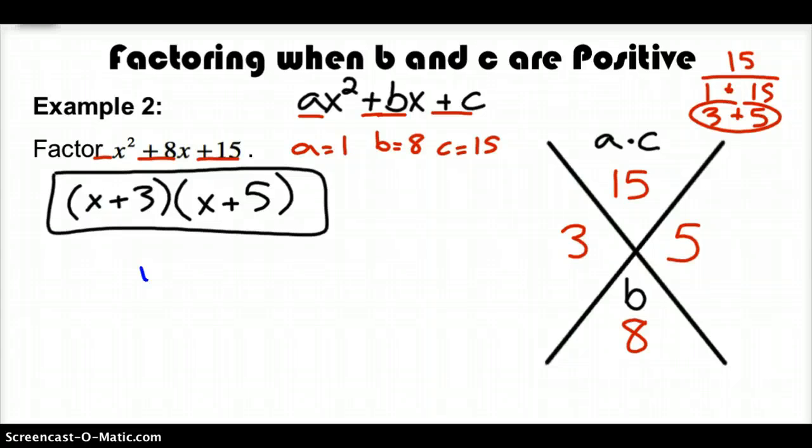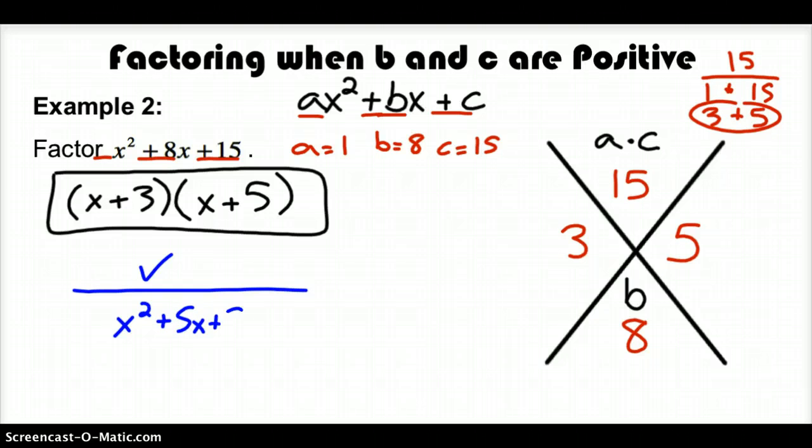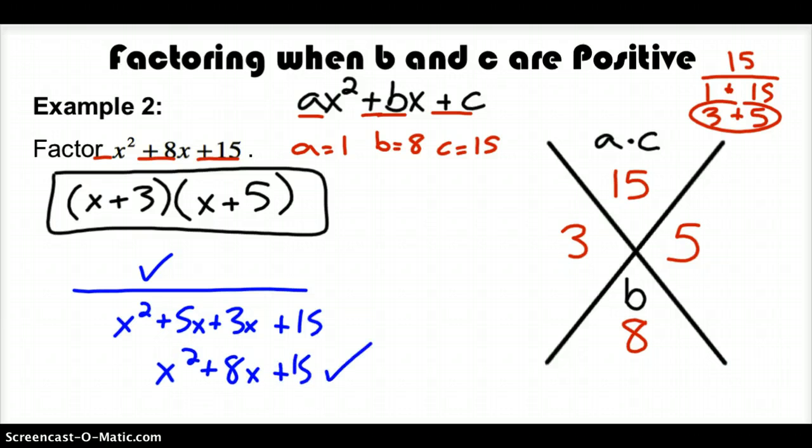So I'm just going to check with FOIL. x times x is x squared, x times 5 is going to be a positive 5x for outside. For inside, 3 times x gives me a positive 3x, and then last times last here will give me a positive 15. When I combine like terms, I get x squared plus 8x plus 15. Okay, and that was our original problem, so we know that we're good to go.